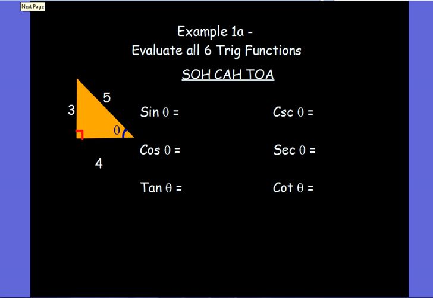So I'm going to give you a right triangle. This is a 3, 4, 5 right triangle. So I call it that, obviously, because the side lengths are what? 3, 4, and 5.